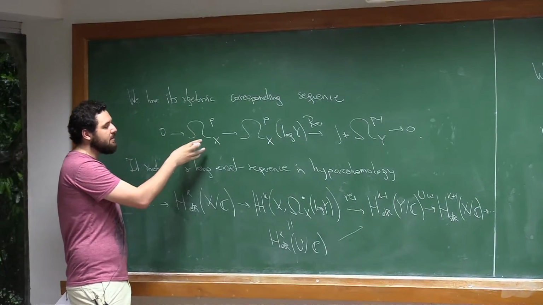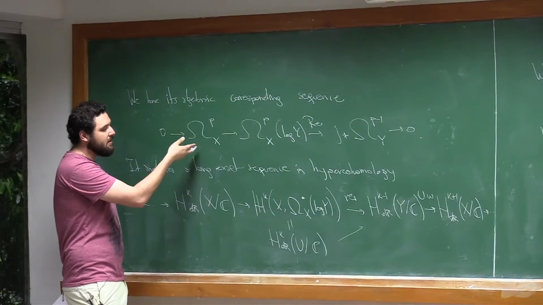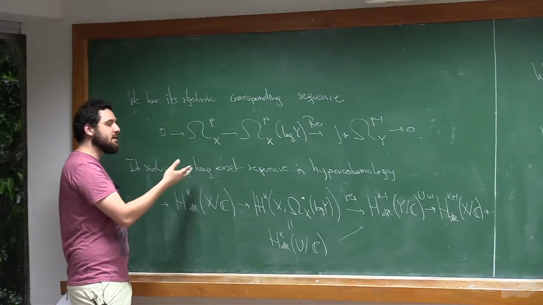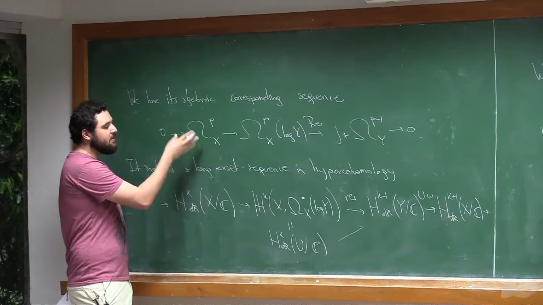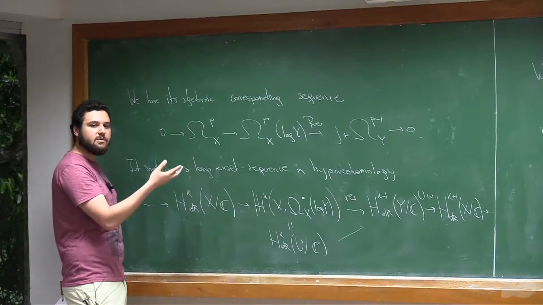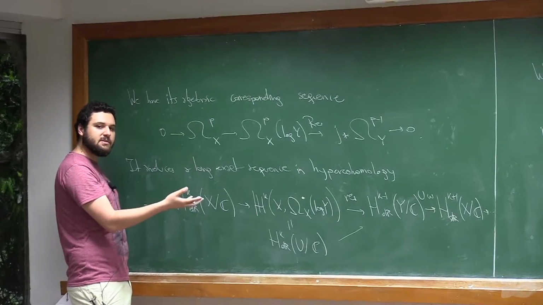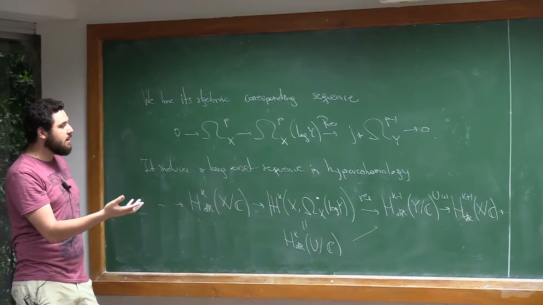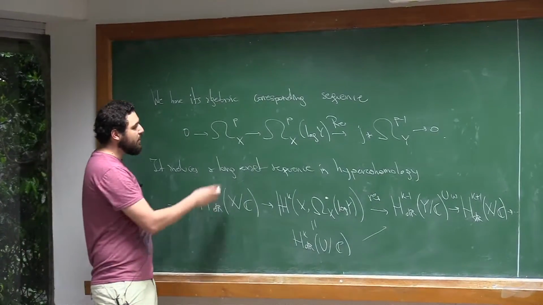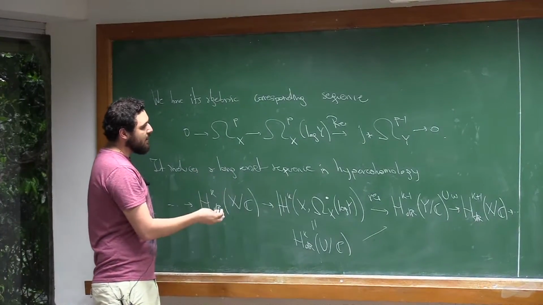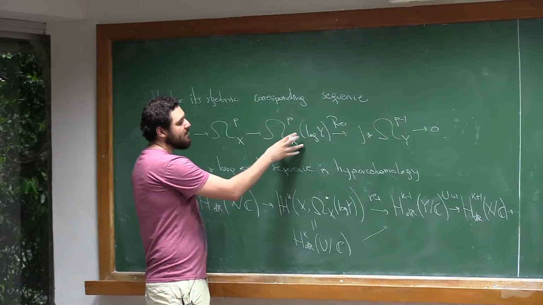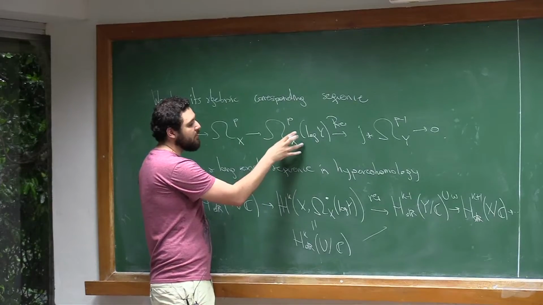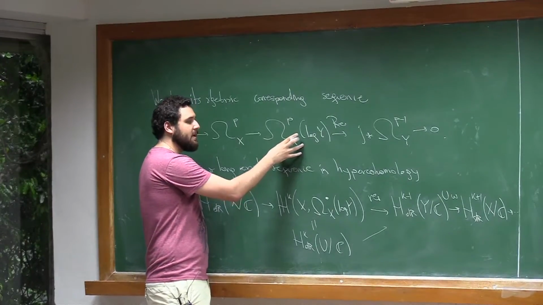But this map might not be injective in general. And what we saw is that the injectivity of this map is equivalent to the degeneracy of the spectral sequence at E1, right? This is a property that I mentioned. And so what Deligne proved is that the map from the hypercohomology with coefficients in the truncated complex is injective.